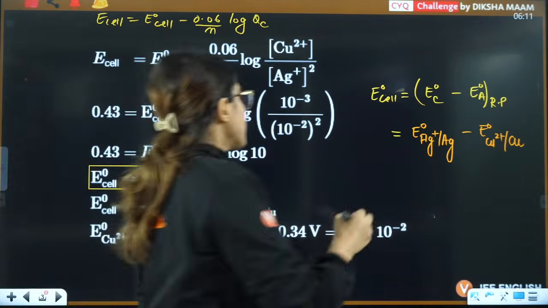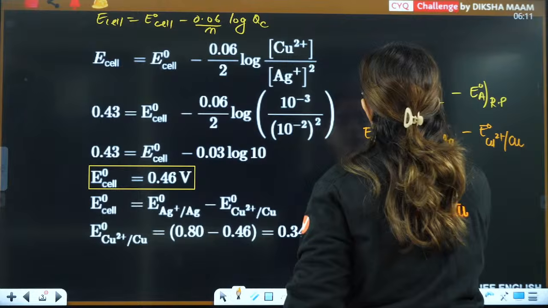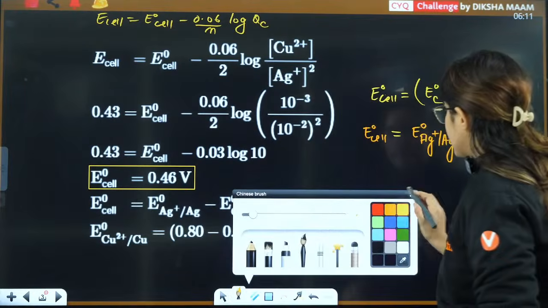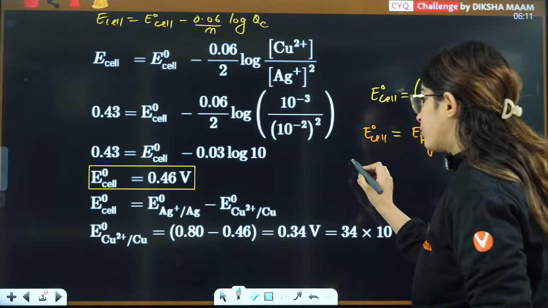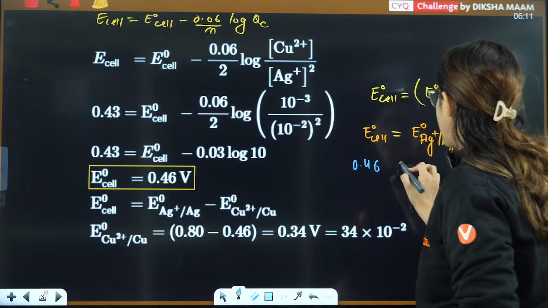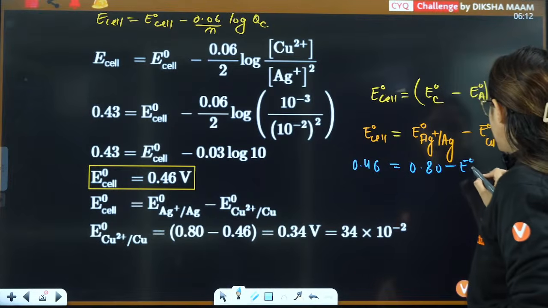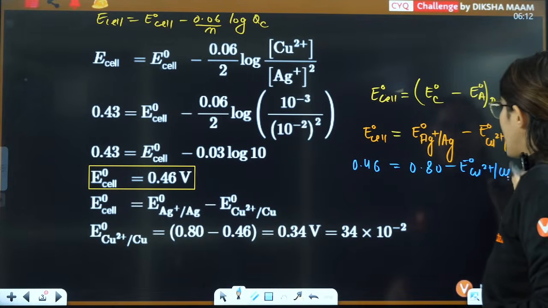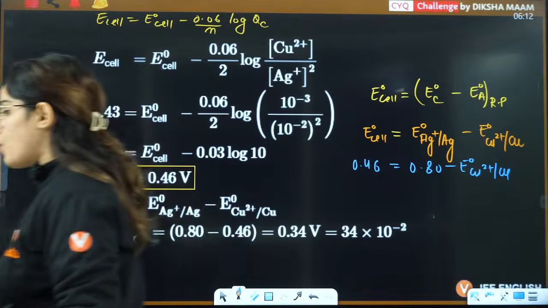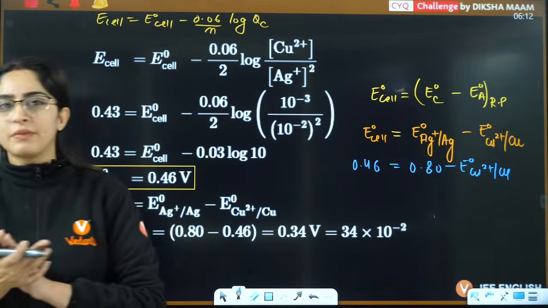So this value is given to you, this value is given to you, put all the values here. This value is coming out to be 0.46, this value is 0.80 minus E naught Cu2 positive to Cu, and that's how you calculate the value of Cu2 positive to Cu, right?